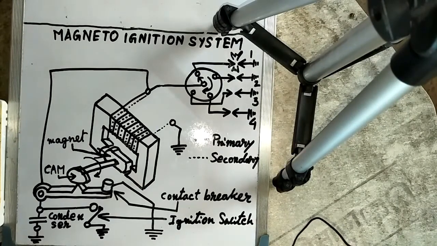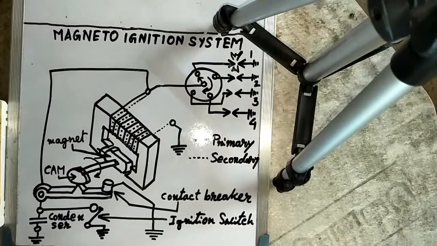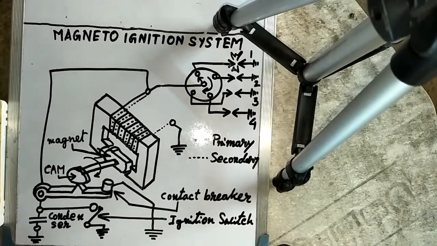The high voltage is obtained with the help of a step up transformer, and these changes have the effect of limiting the high voltage current to a small portion of the ignition system wiring, and thus avoid the possibility of leakage. So this is the magneto ignition system. The working principle is the same as the battery ignition system, as I have described.